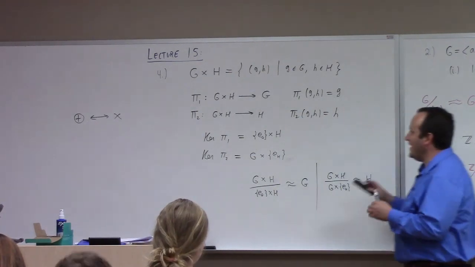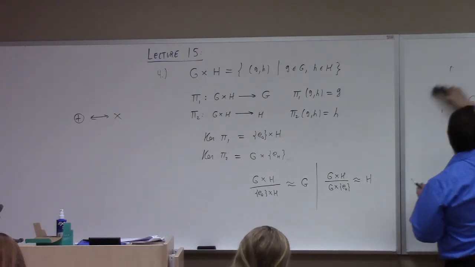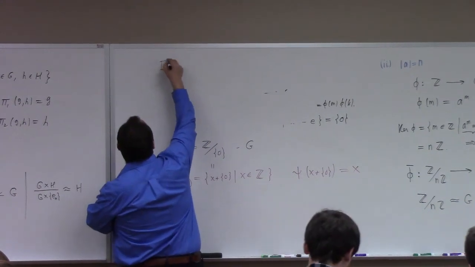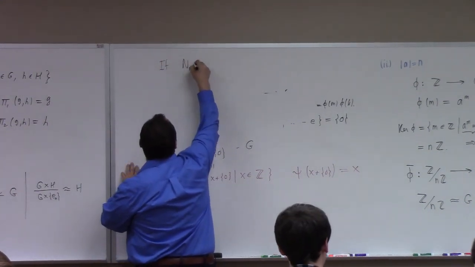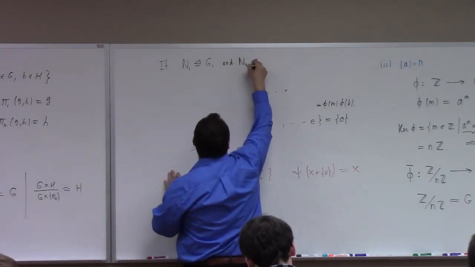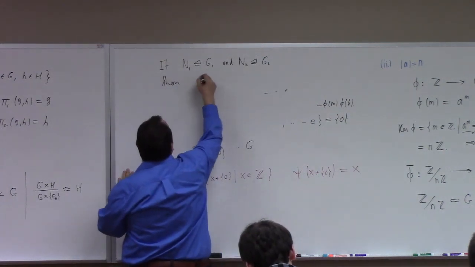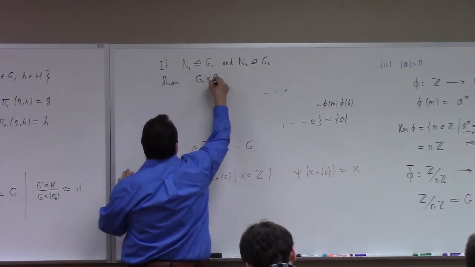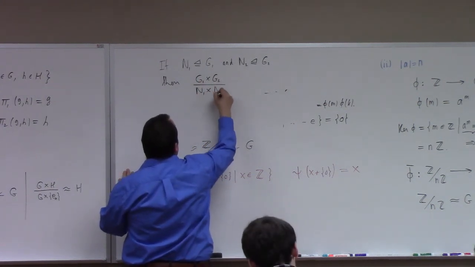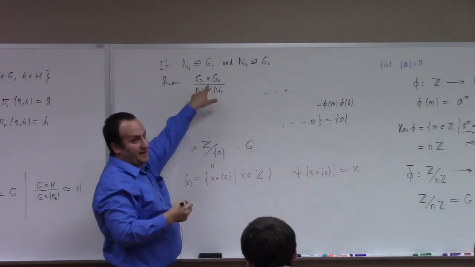This is really just a special case of a more general theorem. The more general theorem is this: if N1 is a normal subgroup of G1 and N2 is a normal subgroup of G2, then check this out. If we take the external direct product of G1 and G2 and we quotient it by the direct product of N1 and N2, that makes sense because that's a subset of that.